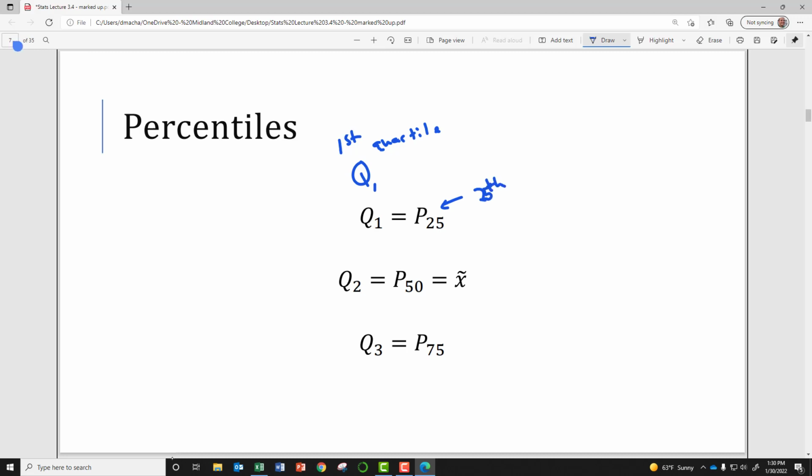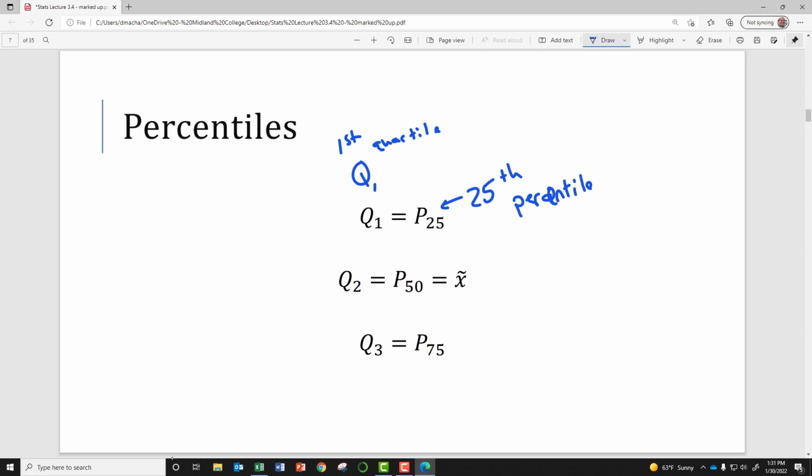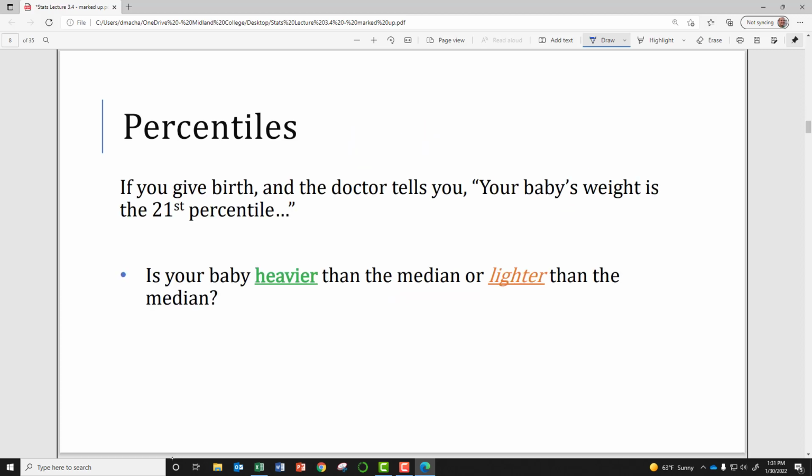The 25th percentile and the first quartile are the same thing. The second quartile is the same thing as the 50th percentile, which is the same thing as the median. Remember, x tilde is the median. And then the third quartile and the 75th percentile are the same thing.